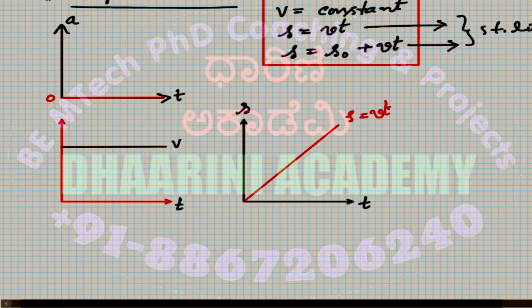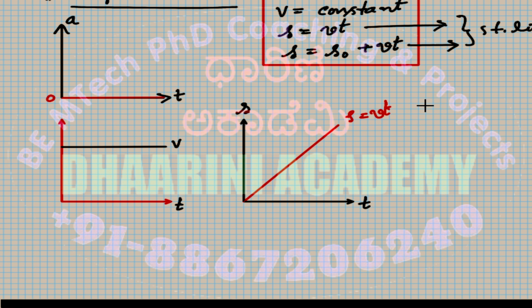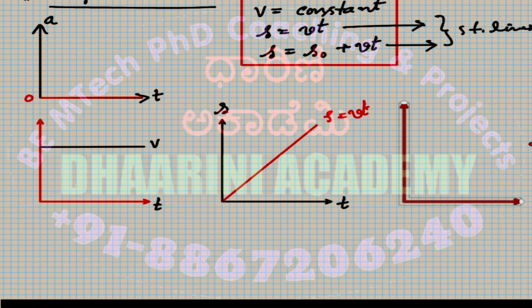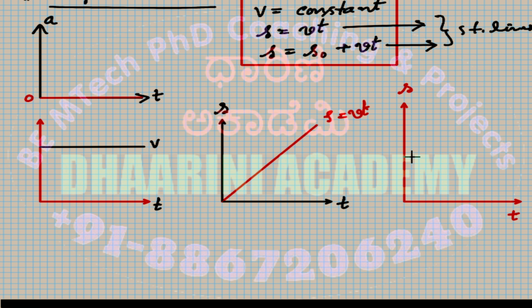Otherwise, if there is an initial displacement, then my curve will look like this. Under that condition, this is the time and this is the displacement. If there is an initial displacement, then the curve should start from some S naught.